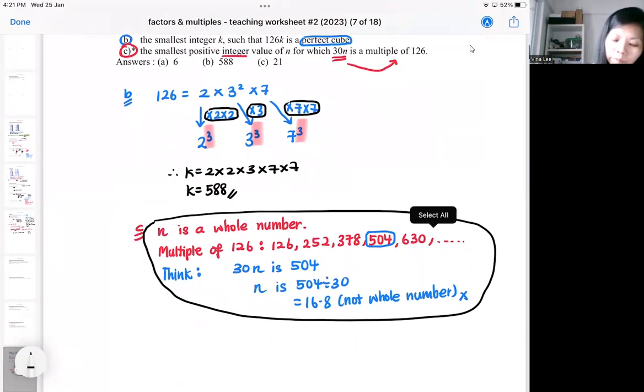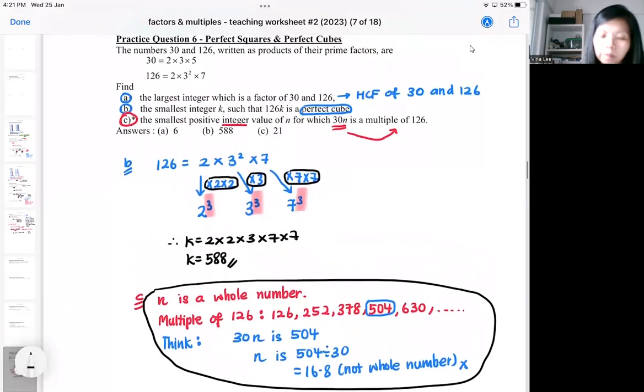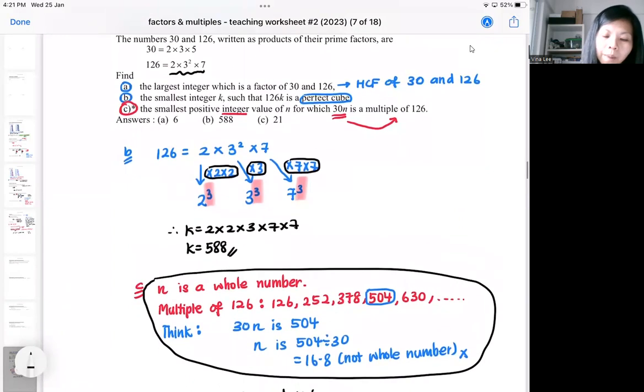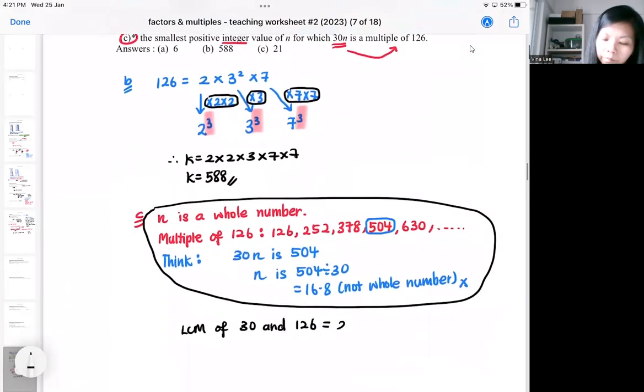You actually need the LCM. You need to find the LCM of 30 and 126 first. How are you going to get the LCM? You get it from the index notation, taking the higher power. So get the LCM.